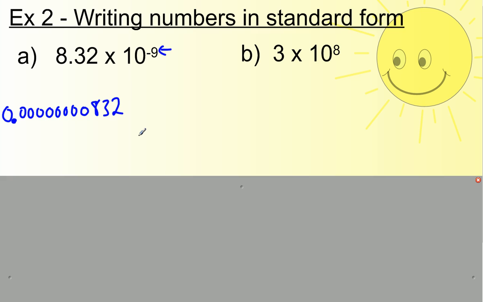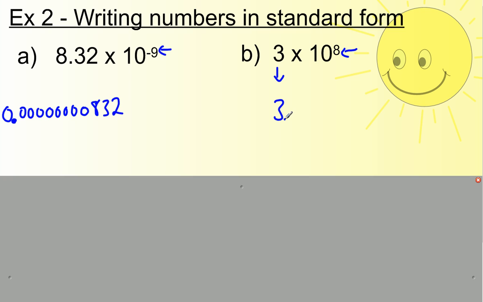Letter B. So I'm going to take this 3 times 10 to the 8th, and I put the number down first, so 3. And I know I need to move the decimal 8 places, and since this is a positive exponent, my number in standard form is going to be big. So I'm going to move 8 places to the right.